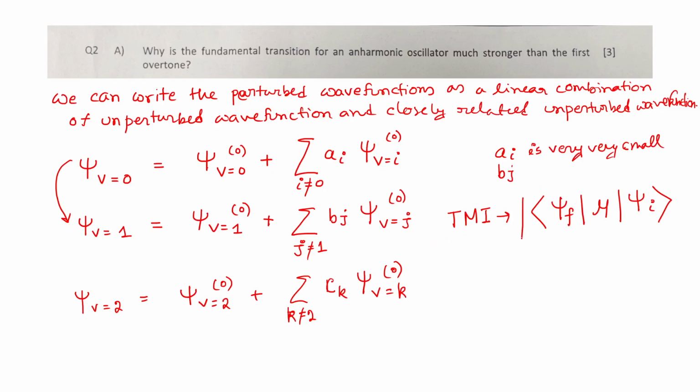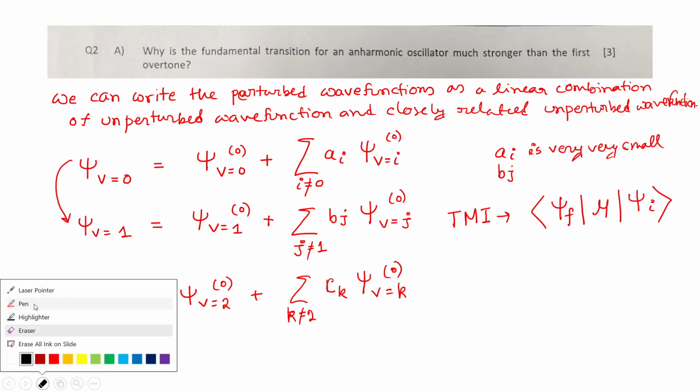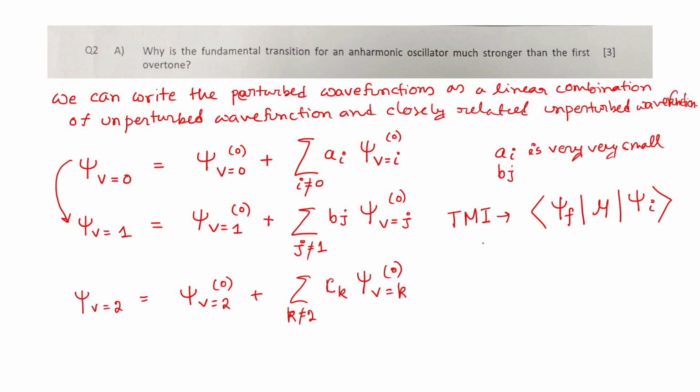We can only discuss the mod square, which will be your intensity. So this is what your transition moment integral is. Your intensity is the mod square of the transition moment integral. So we are only discussing the transition moment integral here.